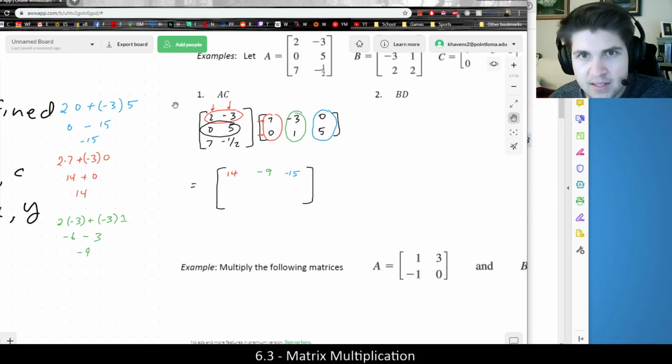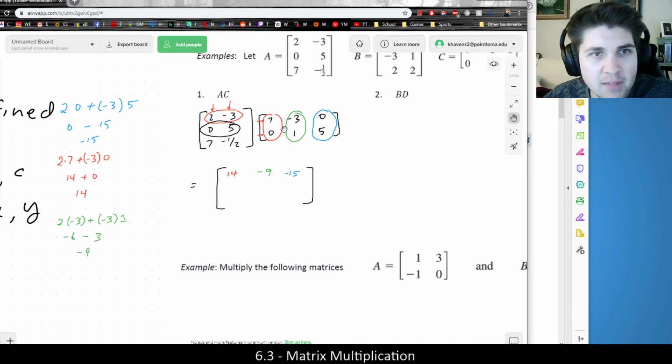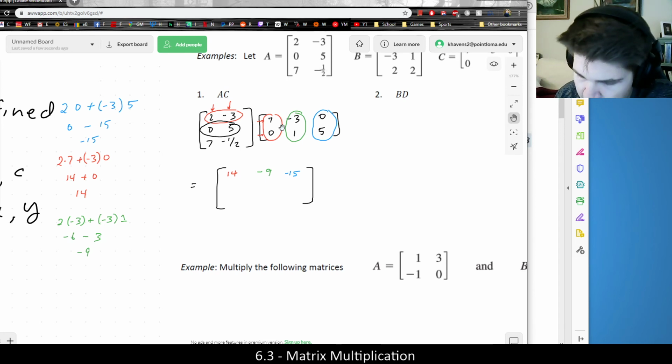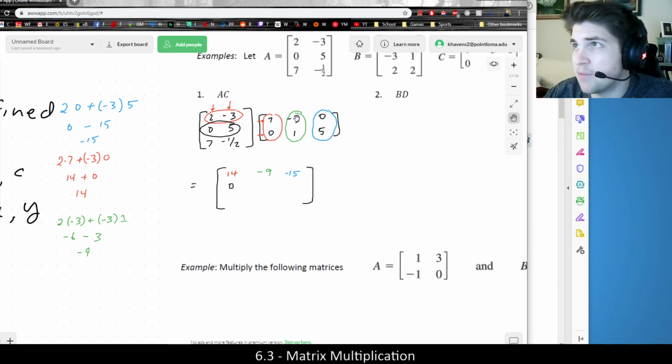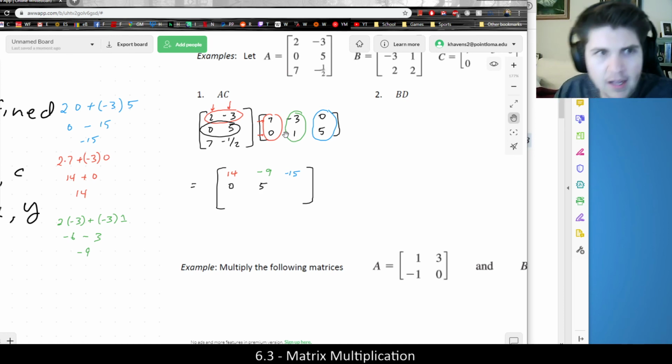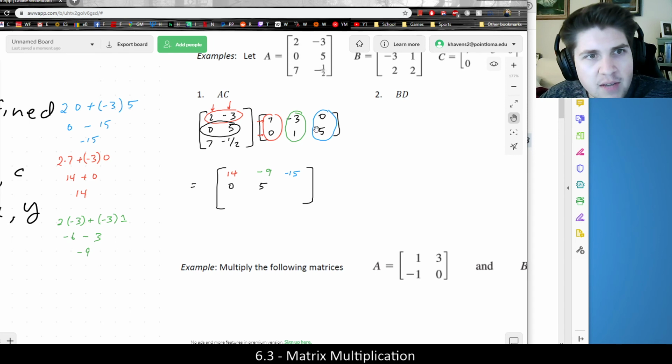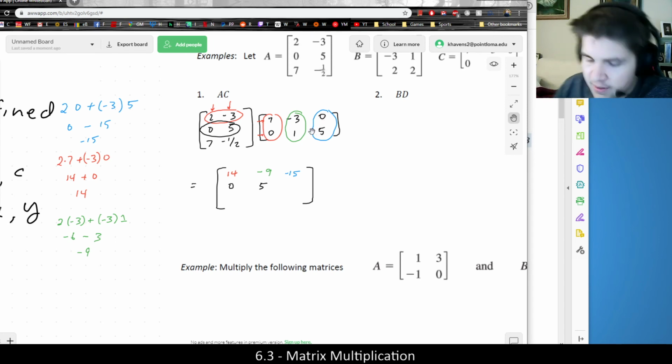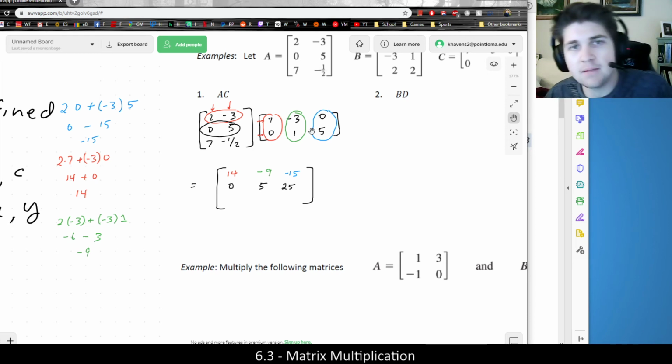So from the second row into the first column, that would be 0 times 7, and 5 times 0, that's 0 plus 0 is 0. Then second row, second column would be 0 times -3, and 5 times 1 is 5. So 0 plus 5 is 5. And then I would do 0 times 0, 5 times 5, 0 plus 25, that's 5 times 5 is obviously 25, and that would give me 25.